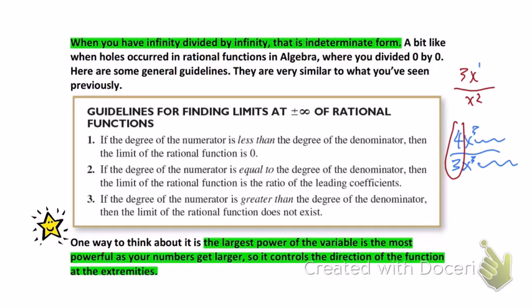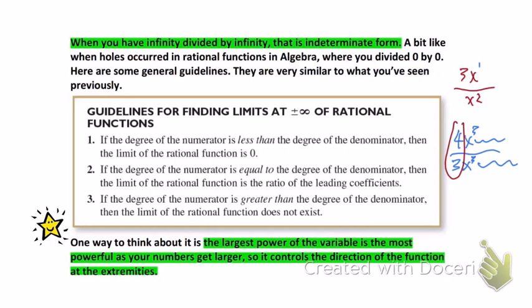Finally, if the degree of the numerator is bigger than that of the denominator, the limit doesn't exist. Now, if you remember from college algebra and maybe pre-cal, if that situation occurred and the numerator was 1 more than the denominator's degree, then we had a slanted asymptote, an oblique asymptote.